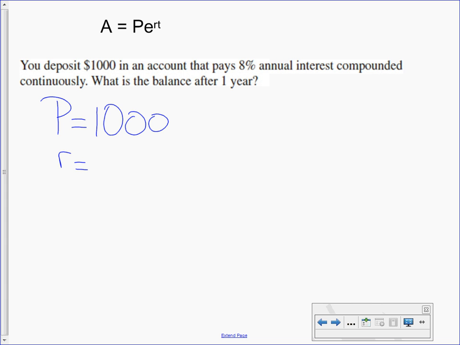What is your rate? And then in this case, it's asking you for how many years. So as you substitute into the equation, you get 1,000 e to the 0.08 times 1.